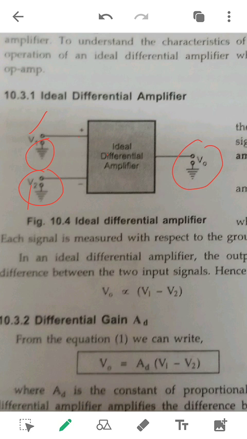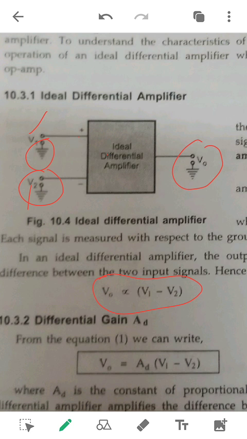In an ideal differential amplifier, the output voltage V0 is proportional to the difference between the two input signals, that is, V1 minus V2. The change in output voltage V0 is directly proportional to the difference V1 minus V2. That you can observe here.